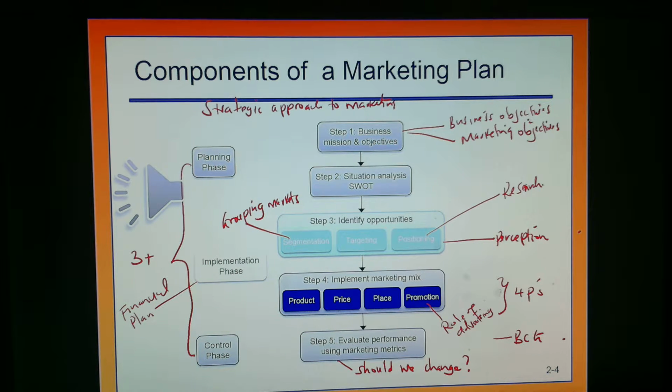We use a model called the SWOT analysis model to analyze the internal environment and the external environment of the business, but specifically focusing on a marketing point of view.